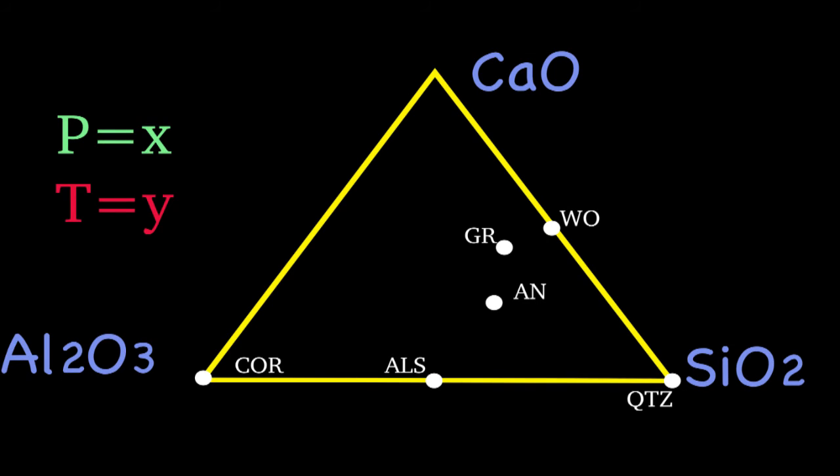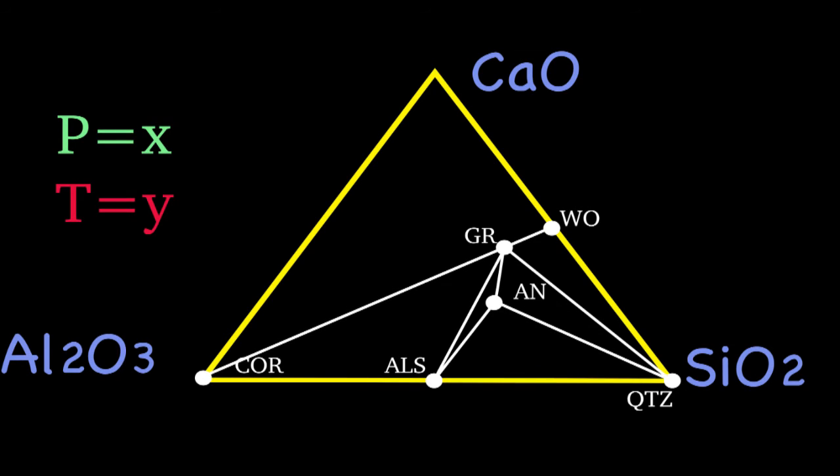If we connect all the mineral phases that can coexist, we end up with this plot. The lines that join minerals can reach equilibrium together and are called tie lines.